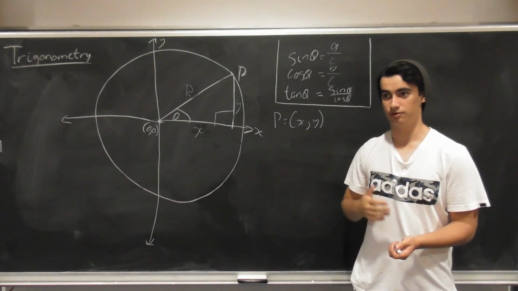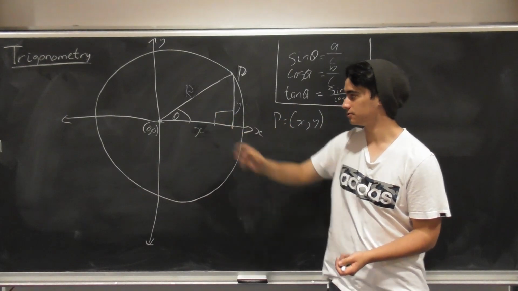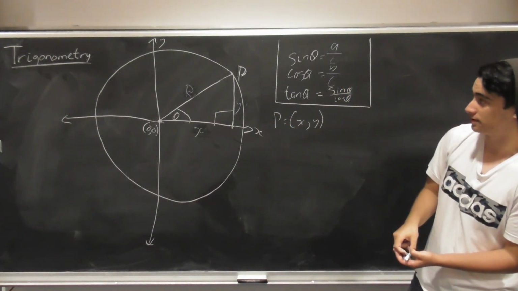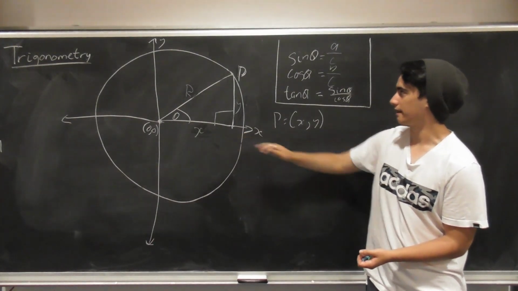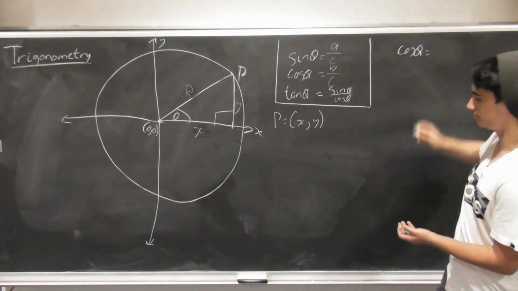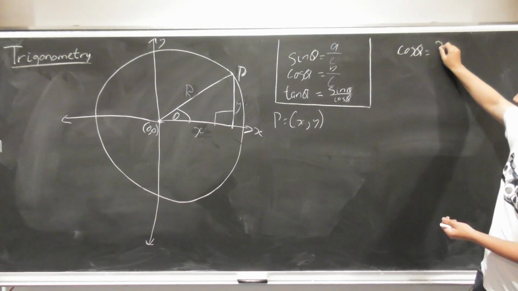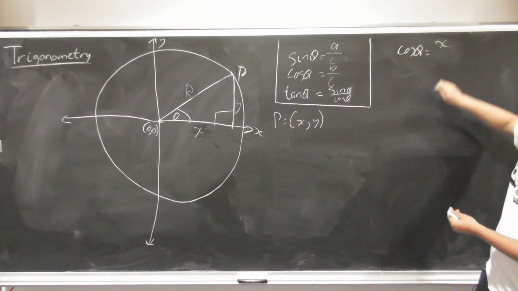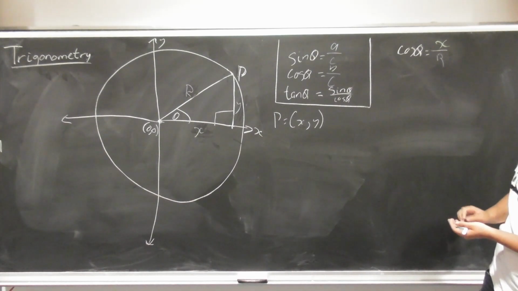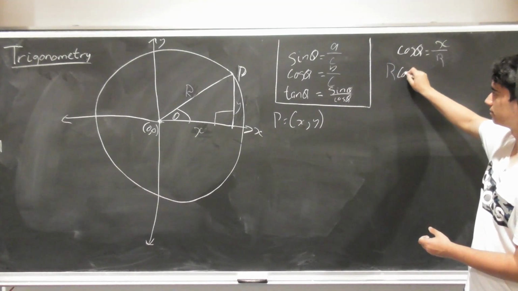If we knew, for instance, the angle theta and the radius, we could find x or y. The way that we do that is, say if we want to find the x coordinate, we have cosine theta is equal to x over r. And we can just multiply both sides by r and we get r cos theta is equal to x.